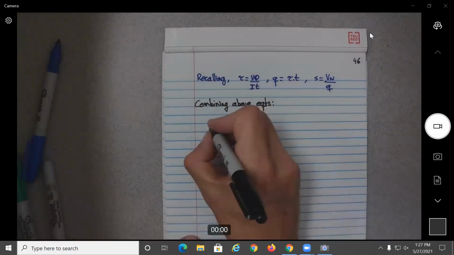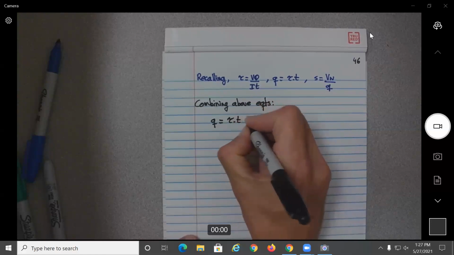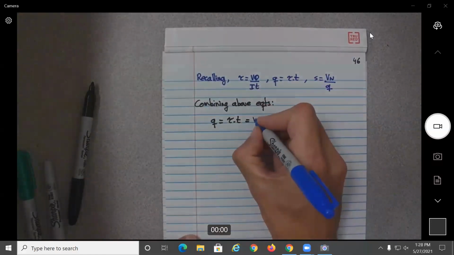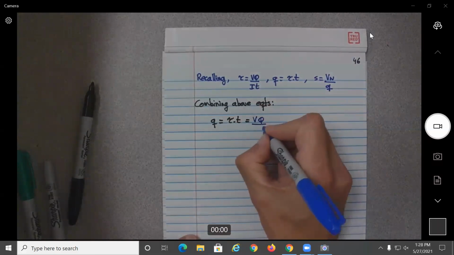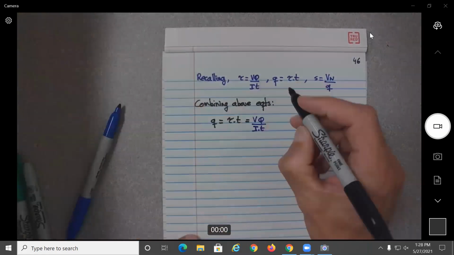So let's start maybe by q equal to shear stress times the thickness. So we replace the shear stress by VQ divided by IT, times t.